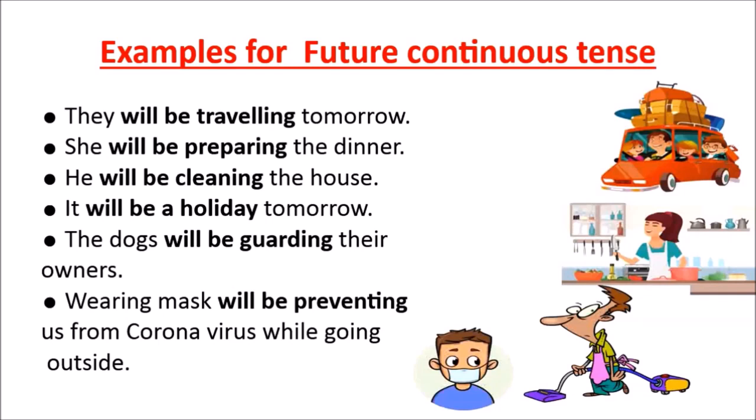So wearing a mask will do what? Will be preventing us from coronavirus while going outside. So if we wear the mask, what will it do? It will prevent us from the coronavirus. So it is also a future action that is going to happen at some point of time in the future. Clear? Yes.